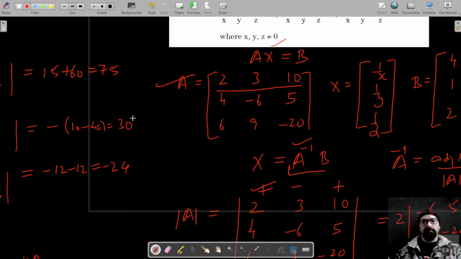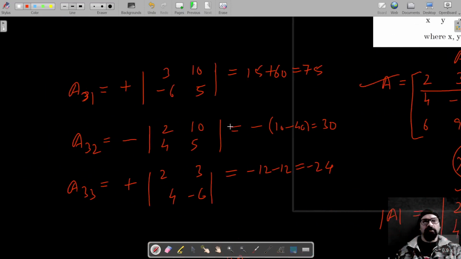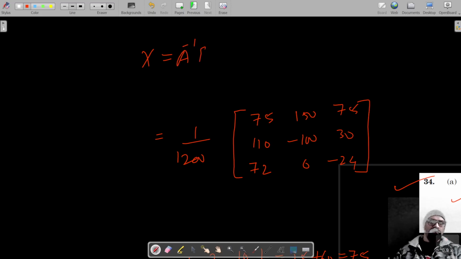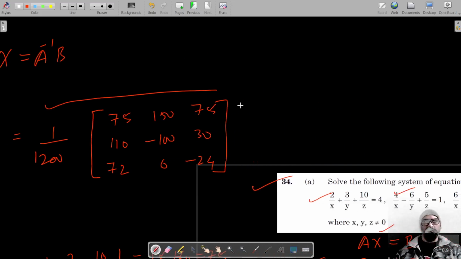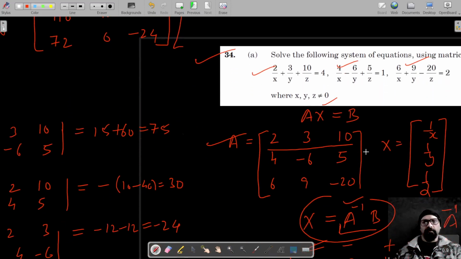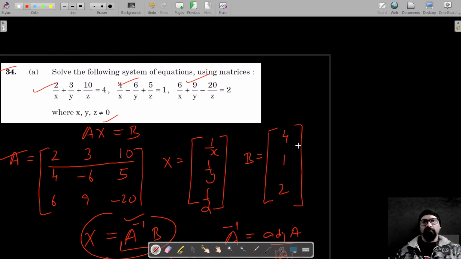So X is equal to A inverse B. So now X is equal to A inverse B, the product of A inverse and B. So this is X, this is A inverse, and this has to be multiplied with B. And B was 4, 1, 2.